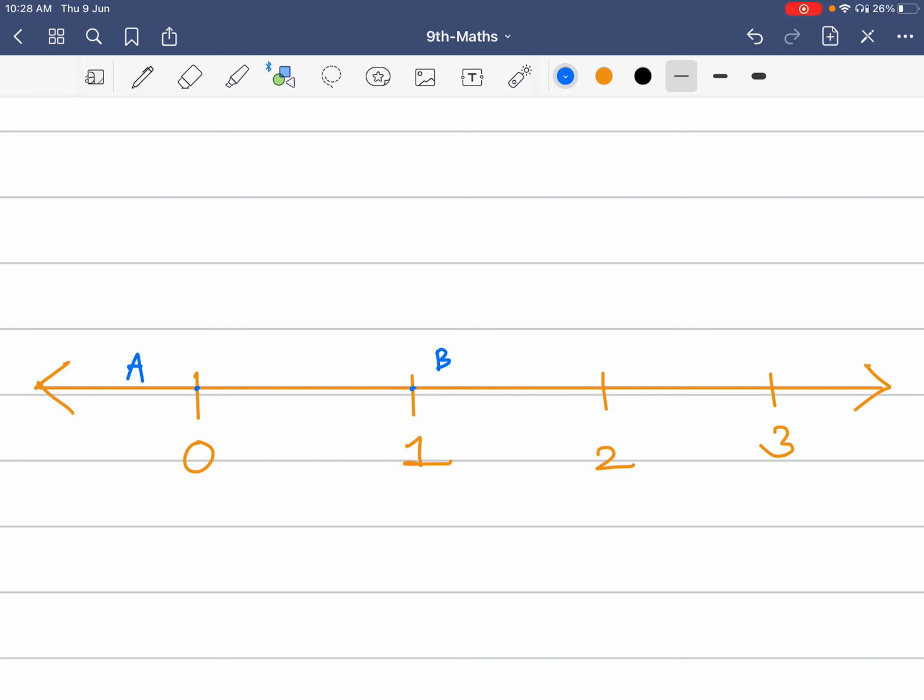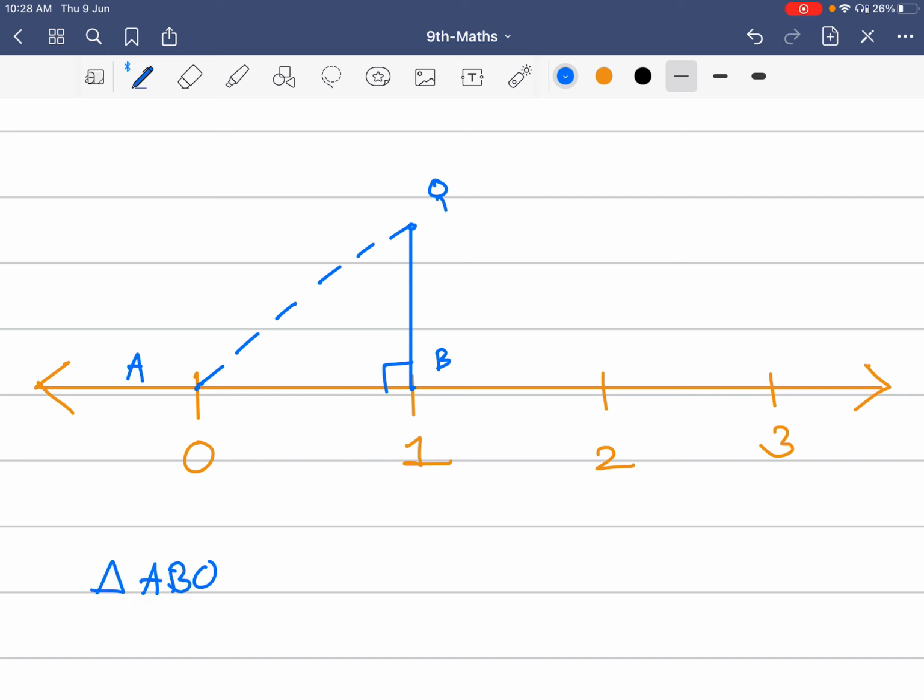Now we construct another line perpendicular here, of the same length as AB, which is 1, and we'll name this point Q. Then we construct the hypotenuse AQ. This is our right angle triangle.